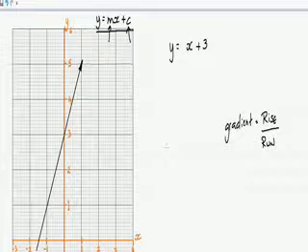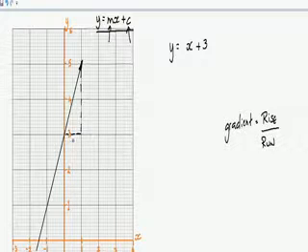So what I do is this: wherever it cuts the y-axis, I come out one square, so I come out to where x is 1. Then I go up until I hit the line again.